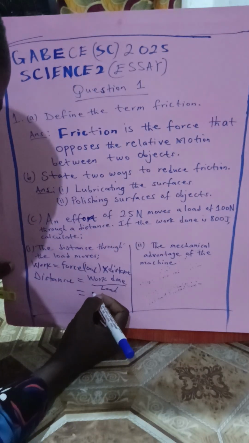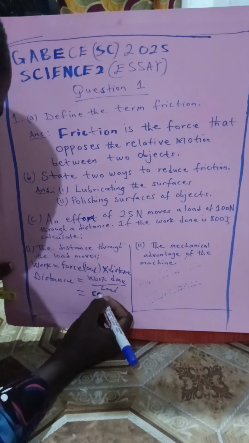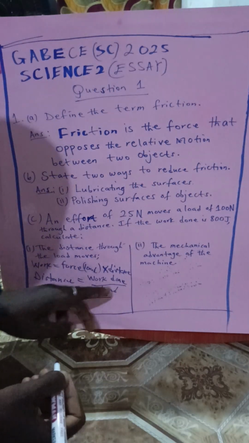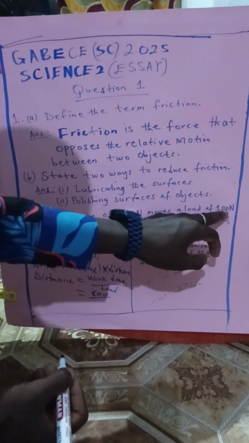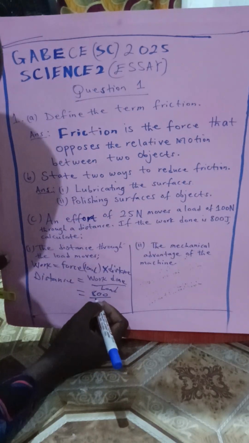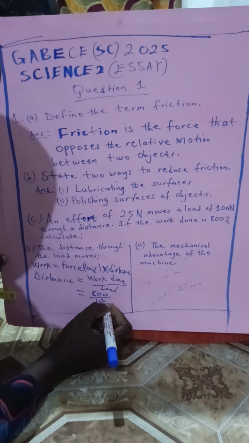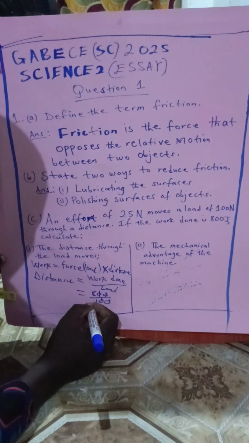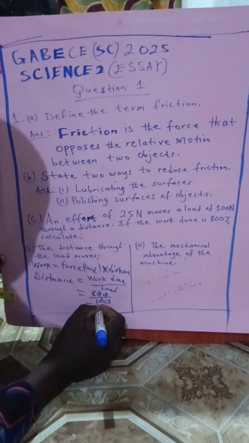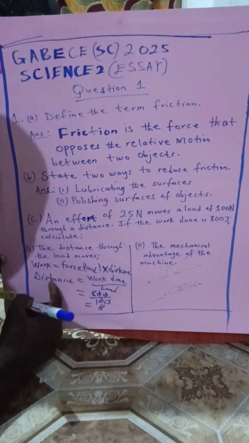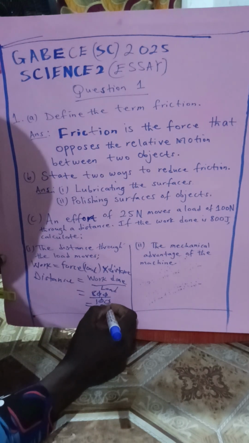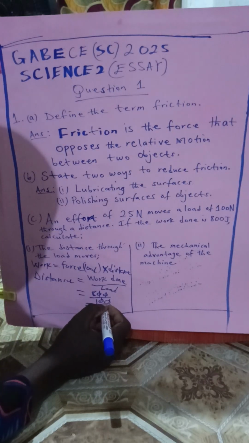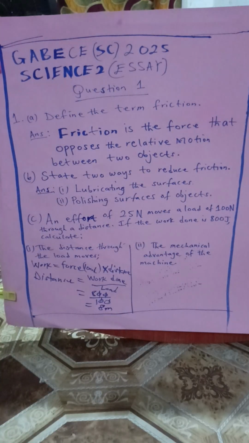I write 800, and we just neglect the unit, divided by the load, that's the force, that's 100. 0 will cancel this, 0 cancel this, so the answer will give us 8. Since it's distance in meters, the SI unit, we have it as 8 meters.